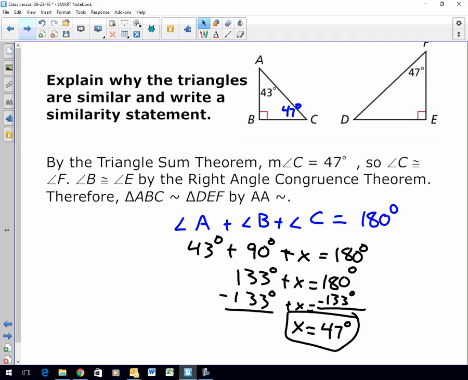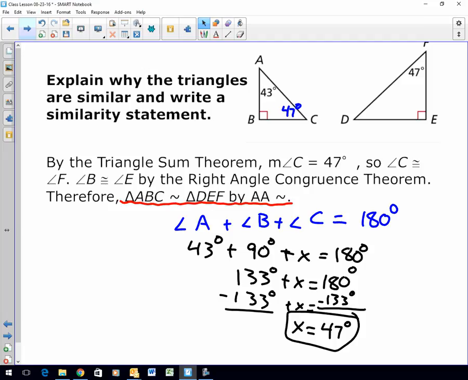In this example, do I now have two angles in two different triangles that are congruent to each other? Yes, I do. Therefore, I can conclude that these two triangles are similar by the angle-angle similarity postulate. It says the triangle sum theorem gives you that the measure of angle C is 47.